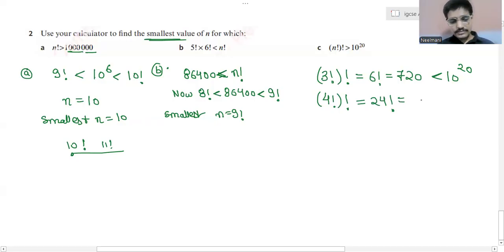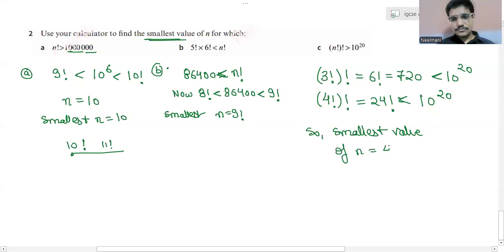So 24 factorial is greater than 10 to the power 20. So the smallest value of n, which I would say, is 4. Is it clear? Yes, so this is the answer for the second one.